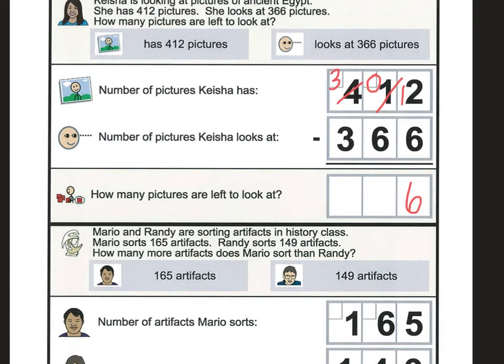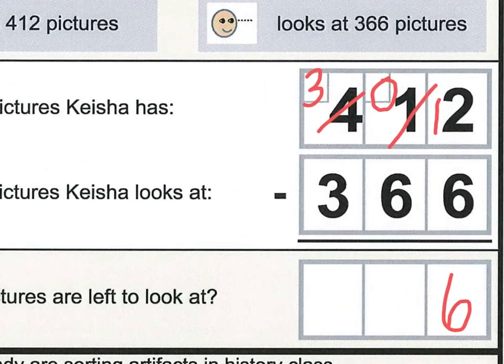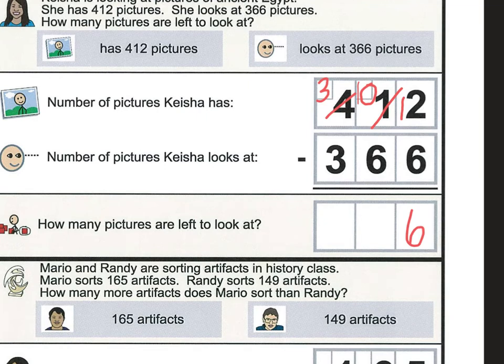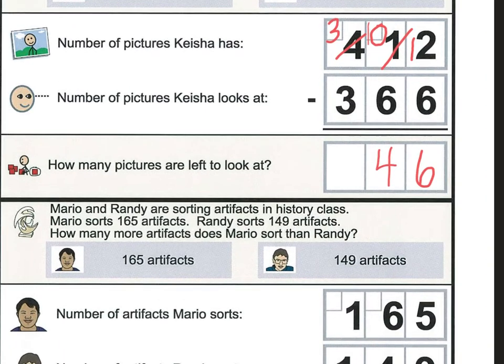Take the 1 that I just borrowed from the 4 and put it right here next to the 0. That number is now 10. 10 take away 6 is 4. And 3 take away 3 is 0. Because it's the last set of numbers, we do not need to bring down that 0.